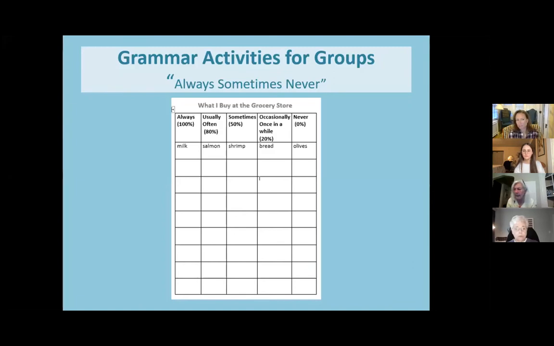It's essentially a speaking activity, but you can use it for writing practice later on, but it's kind of fun to do it verbally first. And like some of the other activities I showed you, it can be adapted to a variety of topics. I call this my always, sometimes, never activity. And basically we're going to talk about what we buy at the grocery store.